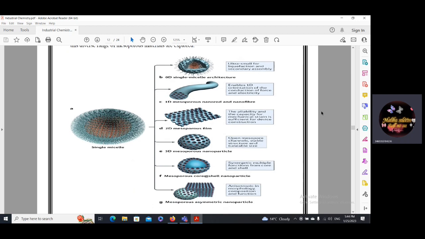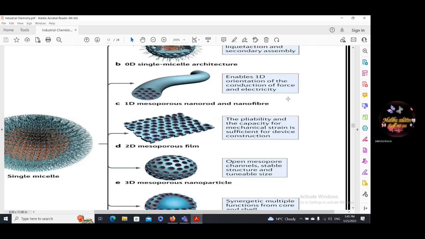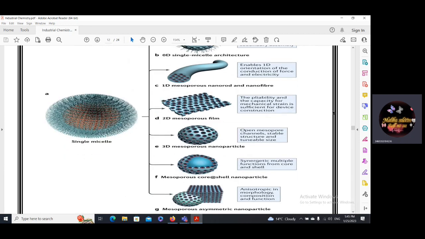Single micelle, they have five types. Number one, 0D single micelle architectures, ultra-small for liquefaction and secondary assembly. Number two, 1D mesoporous nanorods and nanofibers enable 1D orientation of the conduction of force and electricity. Number three, 2D mesoporous sheets, with pliability and the capacity for mechanical strain, sufficient for device construction.